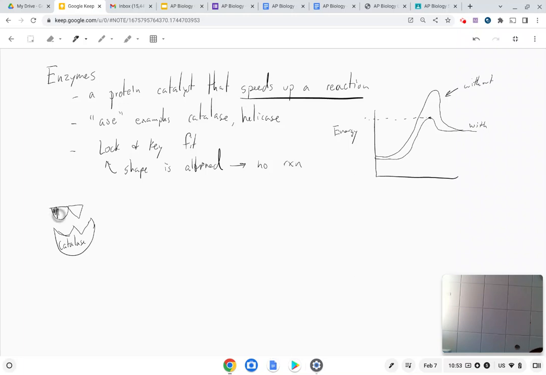So this here is the substrate. And in the case of our lab, our substrate will be hydrogen peroxide. So the hydrogen peroxide will connect to the catalase. It'll form an enzyme-substrate complex where it's actually connected, right?